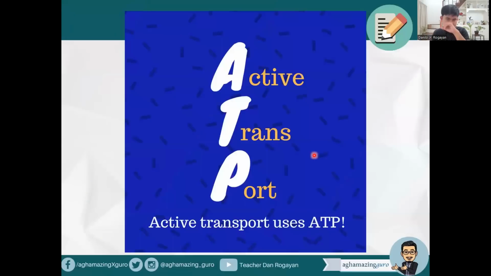Okay? So next. So, ayan, ATP, alam na natin yan, it's actually adenosine triphosphate. So basically, the production of ATP requires a form called active transport. Remember that we also have the passive transport, and we have several examples of passive transport. Sige nga, can you put in the chat box one example of a passive transport?